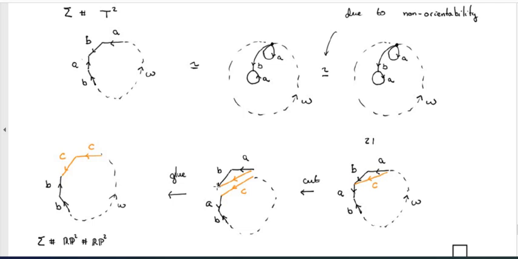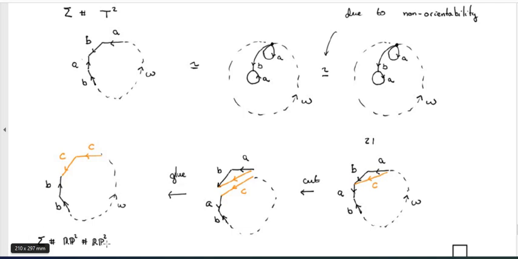Now you have to do inverse of B, so you're here, and now you do inverse of B again. So you've done C, C, minus B, minus B. So you essentially have the word W and then C squared and B minus 2.